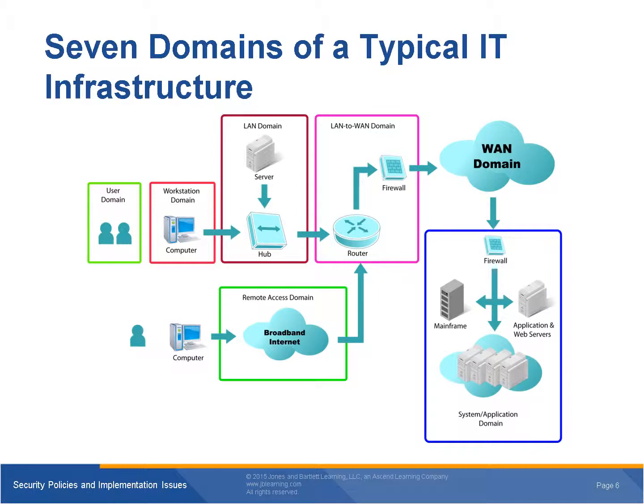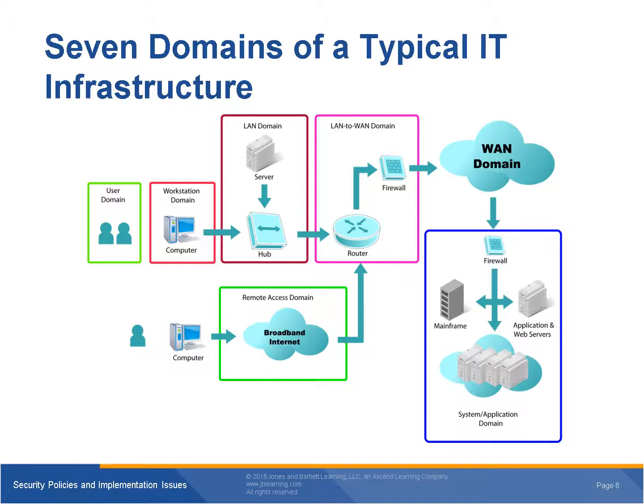So, the seven domains of the typical IT infrastructure, like the image shown on the screen. This is one logical way to view requirements and policies. The seven domains are a common taxonomy or classification system used across the industry. This taxonomy clearly illustrates how each domain can be used to create a layered security approach.